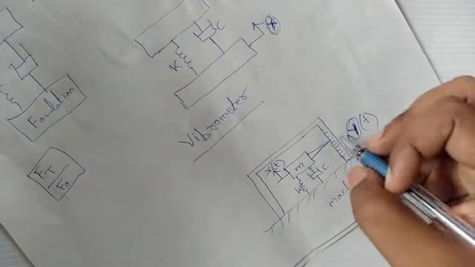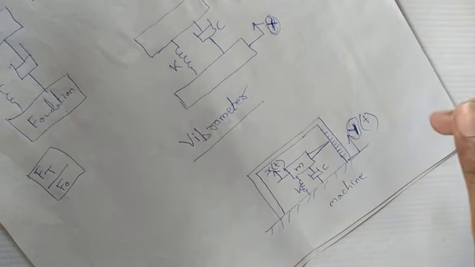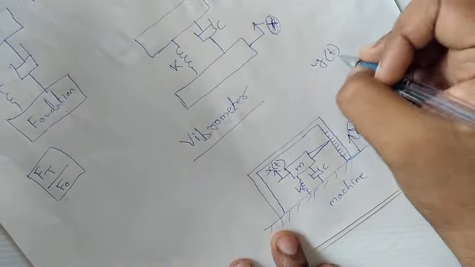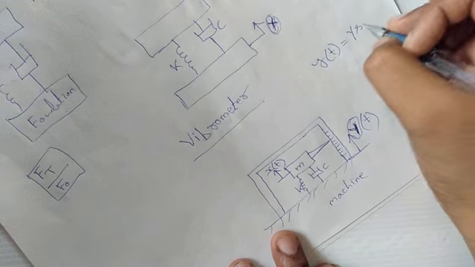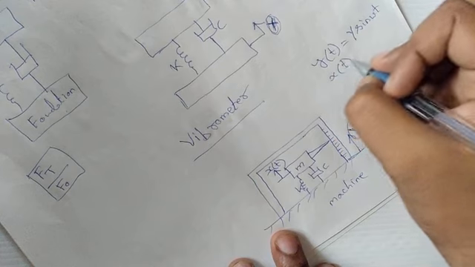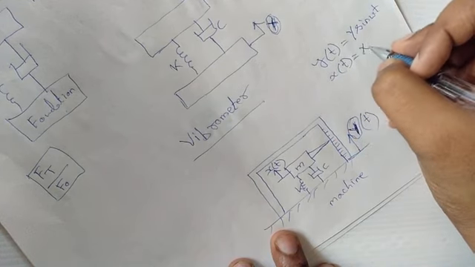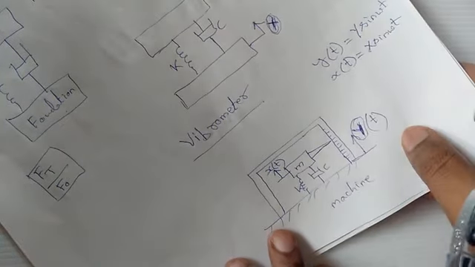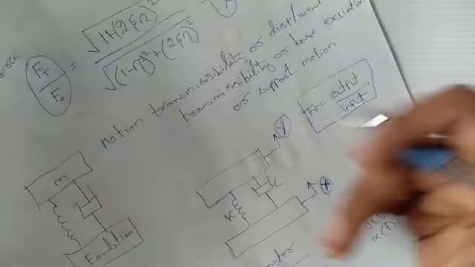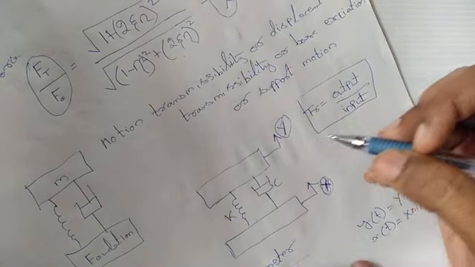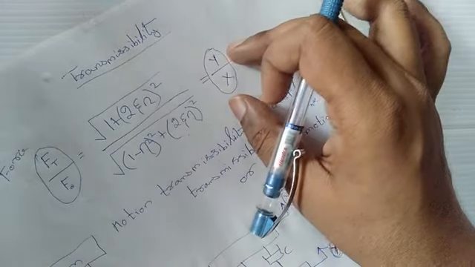So here, y of t would be y sine omega t, and x of t would be x sine omega t. In the displacement transmissibility, we just said this is y by x as the transmissibility ratio.